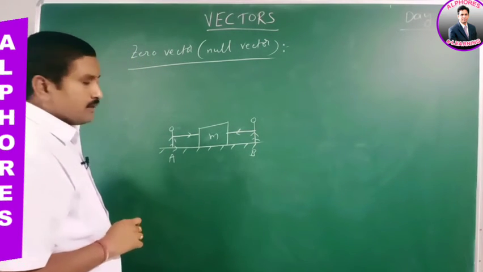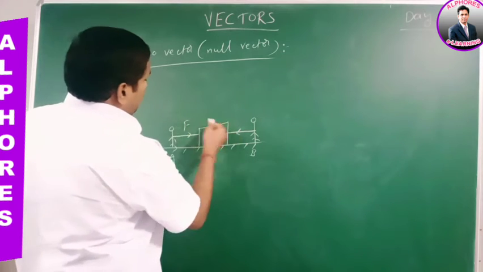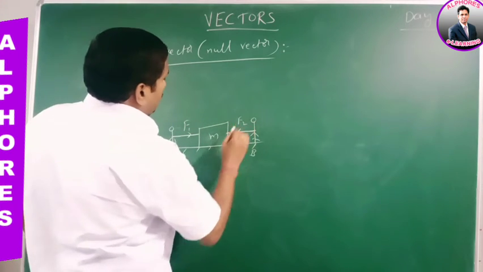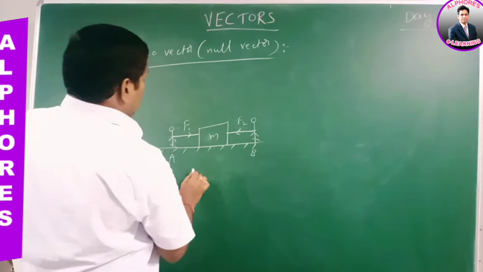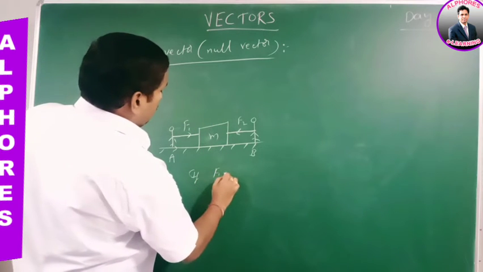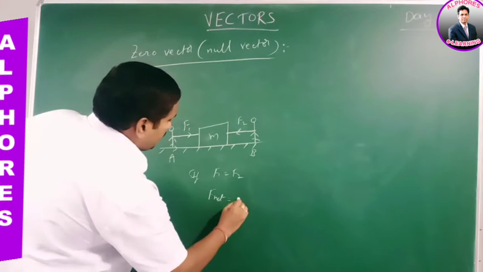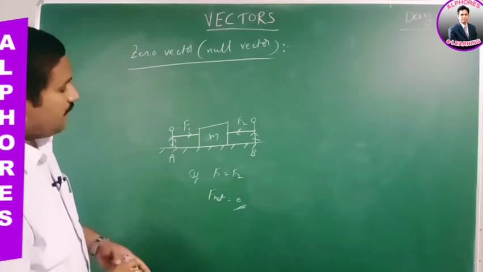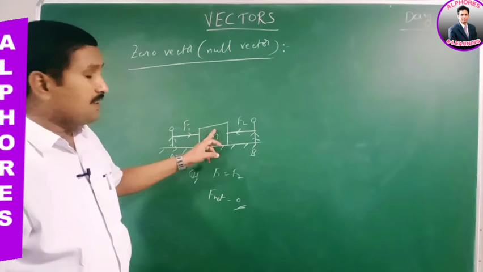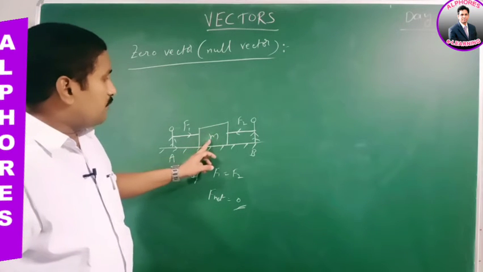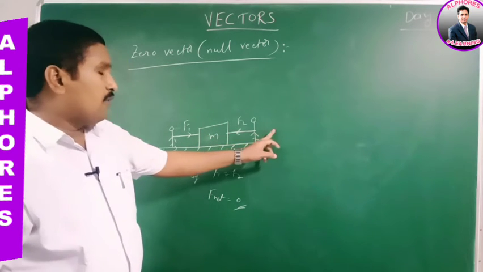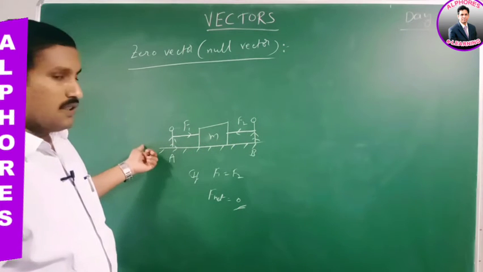Then what happens? By a force, let us say F1 here, and F2 here. In this case, if F1 is equal to F2, what happens? The net force acting on the block is 0, but its direction is indeterminate. Why? Because this block could move either along the x direction or towards A.